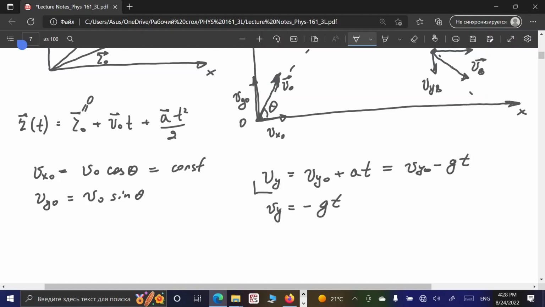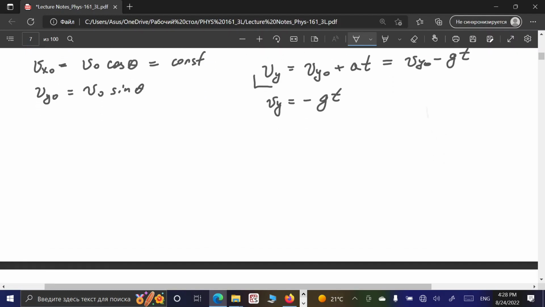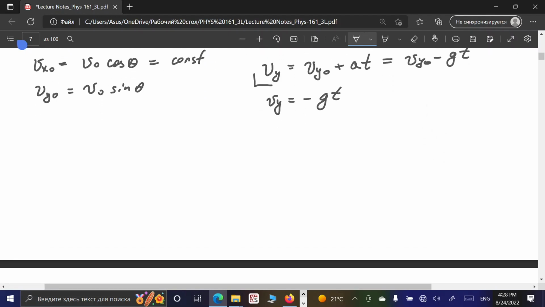So now, taking into account this general description of the system, we can proceed further and consider the y and x ranges of this projectile motion. So let's see what it is.